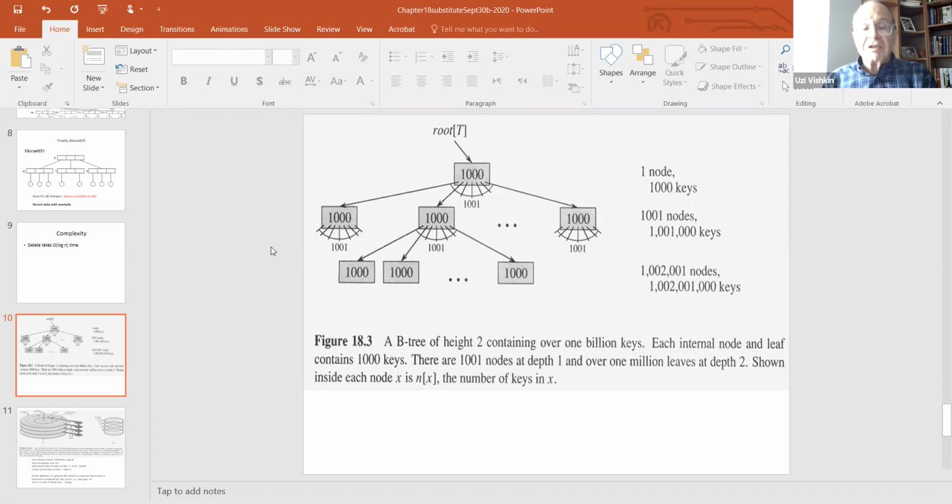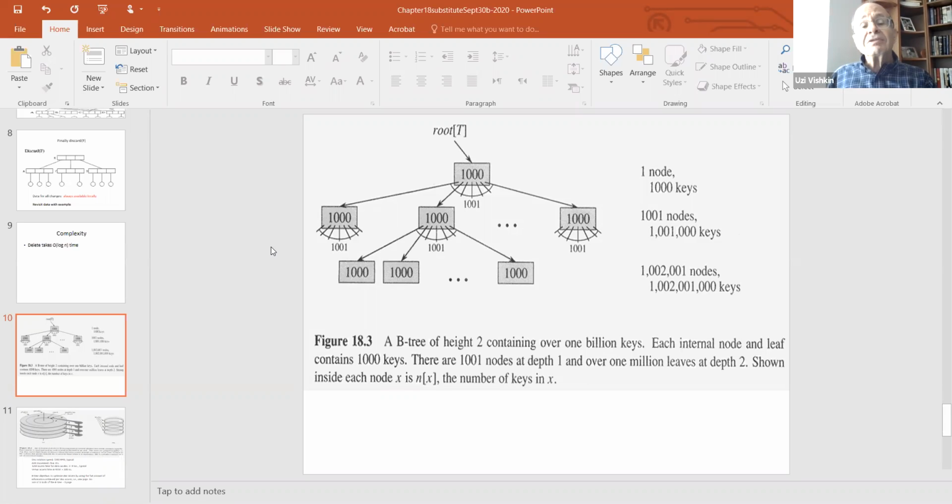And whenever spatial locality works for you, you may want to use the parameters that the architecture suggests in order to find the right balance of whether you want to have a 2-3 tree, a 2-3-10 tree, or a 2-3-1000 tree. So how many nodes will be justified?